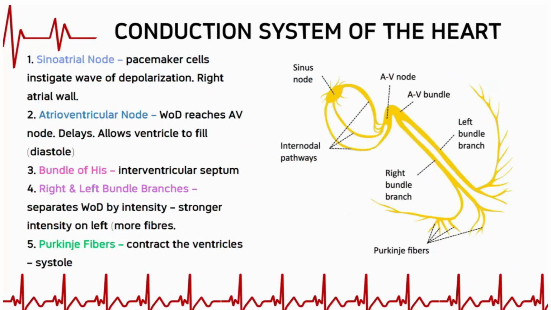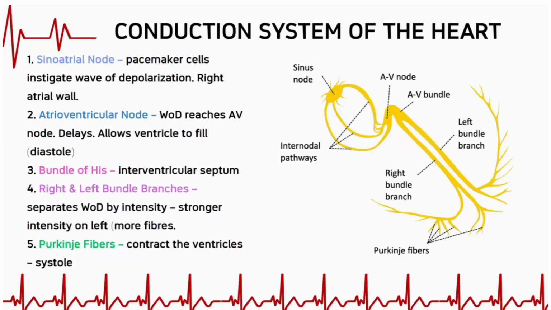If you look at the internodal pathways, this impulse starts at the sinus node, and then it gets passed down the internodal pathways to its destination, which is the AV node. The AV node is a junction. At this junction, a very clinically important thing occurs: we have a delay of the transmission of the wave of depolarization.